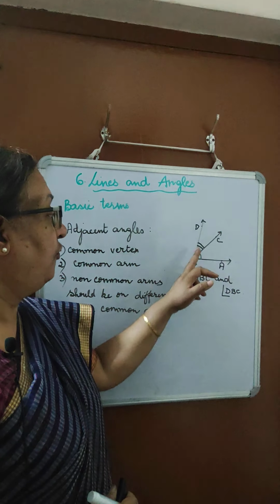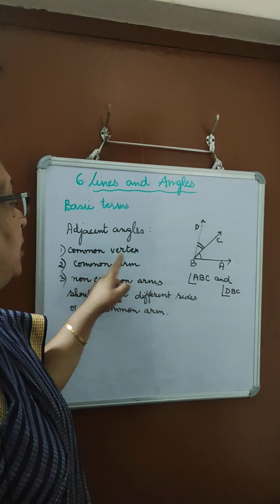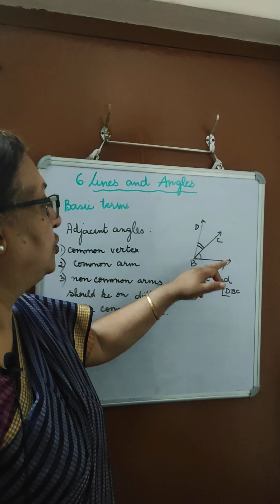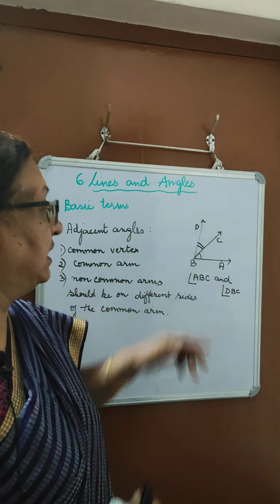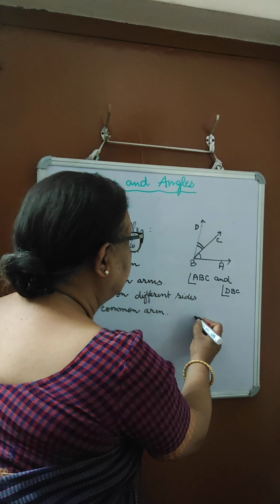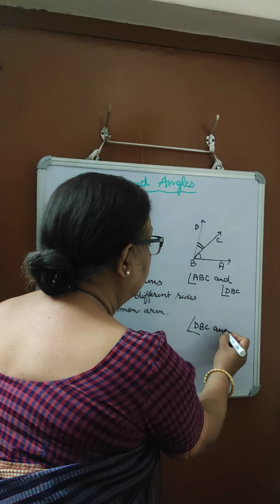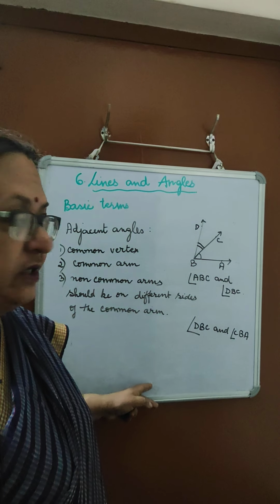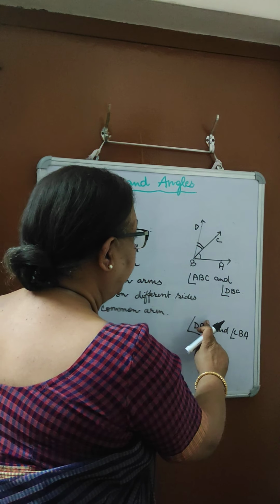Clear? For two angles to be adjacent, they should have one common vertex, one common arm, and the non-common arms should be on different sides of the common arm. Now the same figure: if I take angle DBA and angle CBA, are they adjacent?